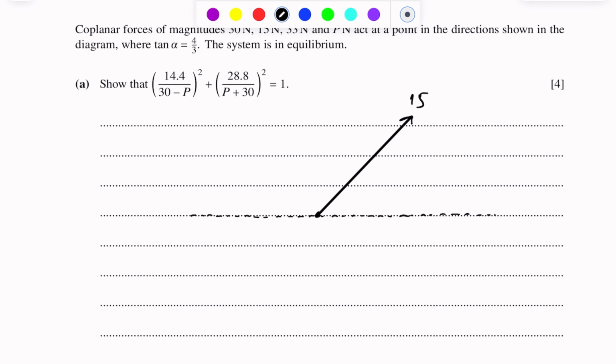Fifteen Newton force acting on this point. This is the 30 Newton force. This 15 Newton force makes an angle alpha, and the 30 Newton force makes an angle theta.